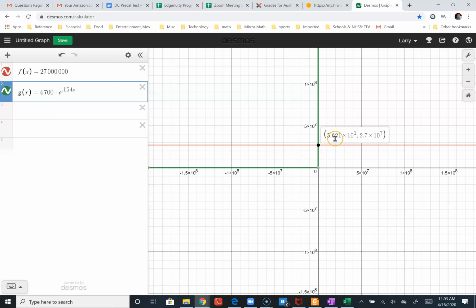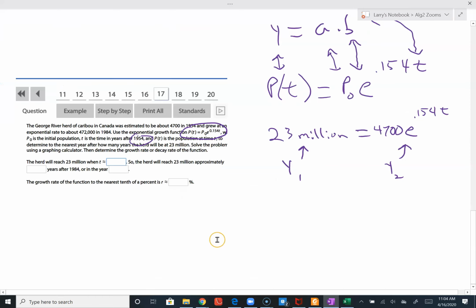And this 5.61 times 10 to the 1st, well, 10 to the 1st is just 10, so that's just moving that over one decimal. That's 56 years. And 56 years, if we substitute 56 into this, we would have that. And in 56 years, our caribou is going to go from 4,700 to 23 million. Pretty incredible. So when time is 56, rounding it to the nearest year, 56.1 would be 56 years.